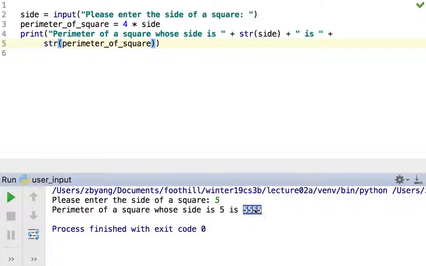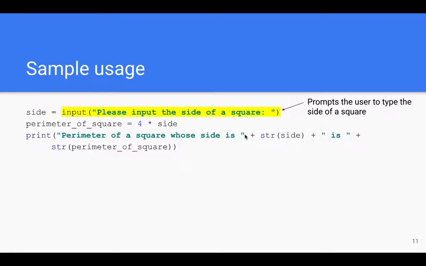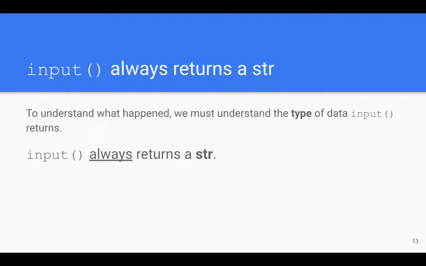Well, to understand that, we have to understand the type of thing that input returns. So this is the result. Input, this built-in function, always returns a string.